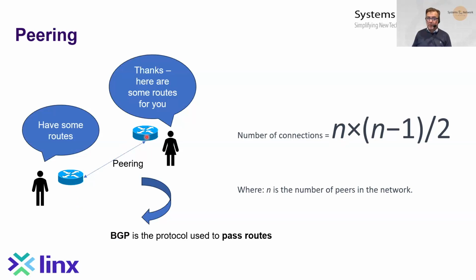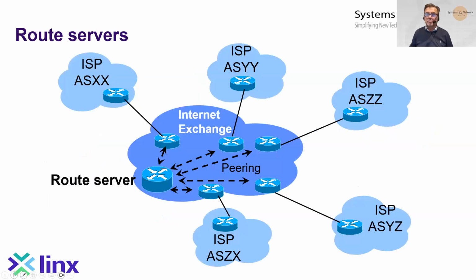It means a lot of operational complexity and difficulty as far as the operational teams in those internet service providers are concerned. And the bigger that N number becomes, the larger the number of sessions grows, and it grows fairly exponentially, or as a square factor.